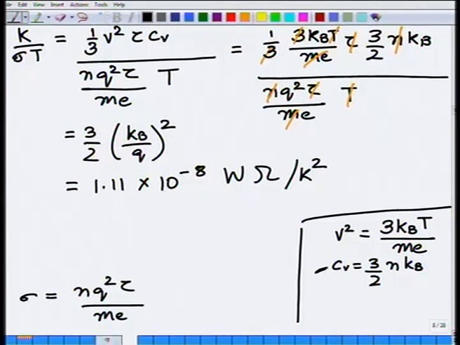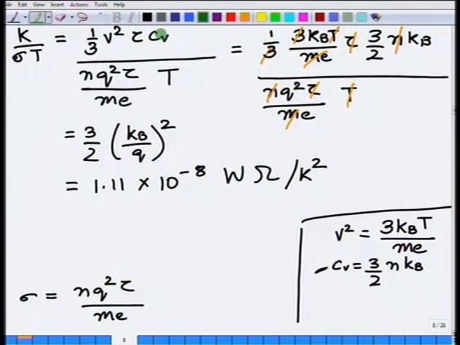Now, let us go back. Notice there is also a v squared term in here, and this v squared is what has helped. Remember, in Drude's theory, we also underestimate the velocity by 10 times.